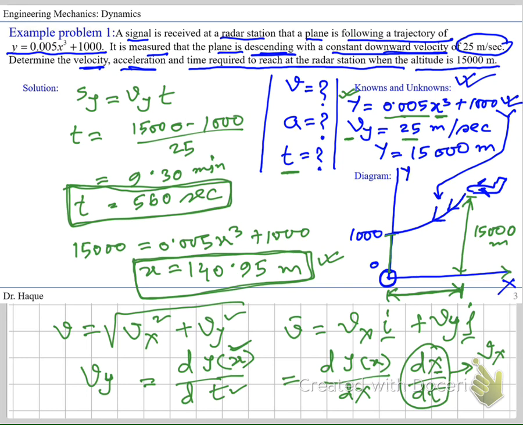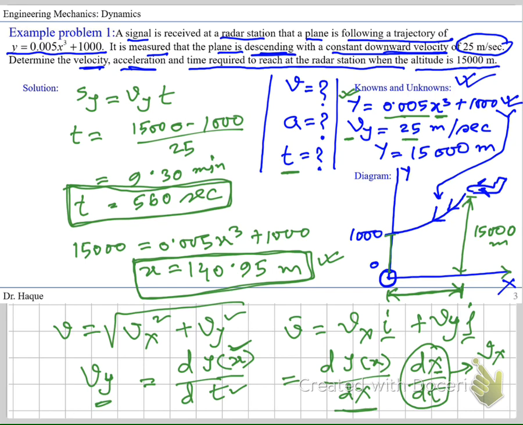So this gives us vy equals the derivative of the y equation, multiplied by vx.